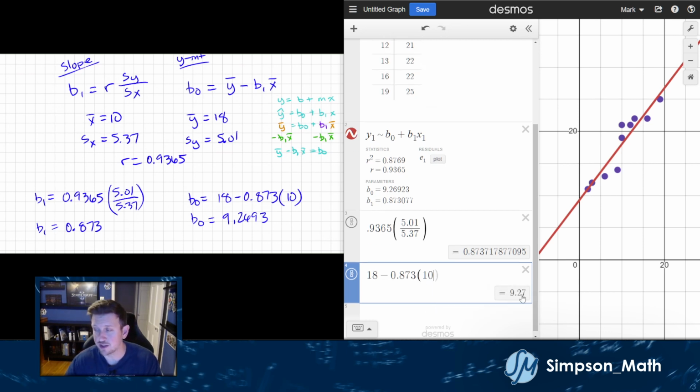And I do get 9.27. Notice that it should be 9.26923. Well, that's because of a little bit of rounding in the decimal places. If I used more decimal places within my slope, so if I put in 0.873077, notice when I start typing in numbers, I'm getting more and more accurate values, a better reflection of that. So it's always better to use more decimal places. I wish they gave us a little bit bigger numbers, or of course we could find them ourselves.